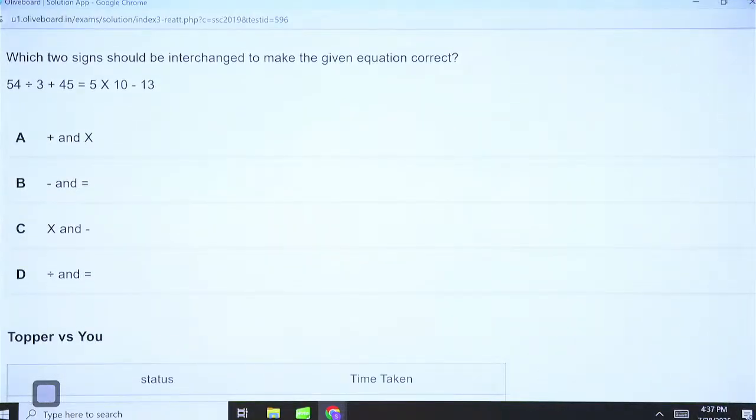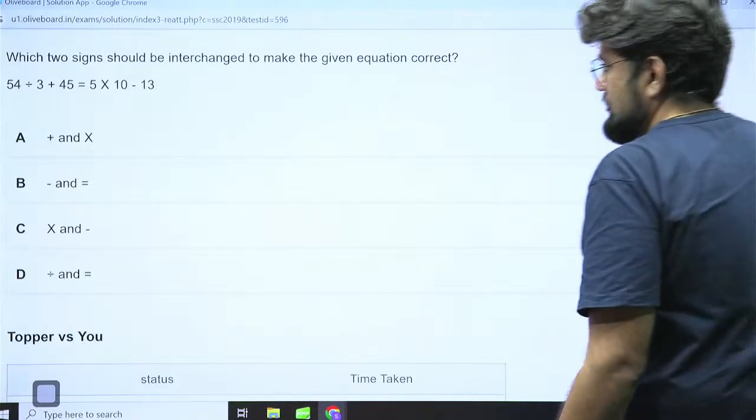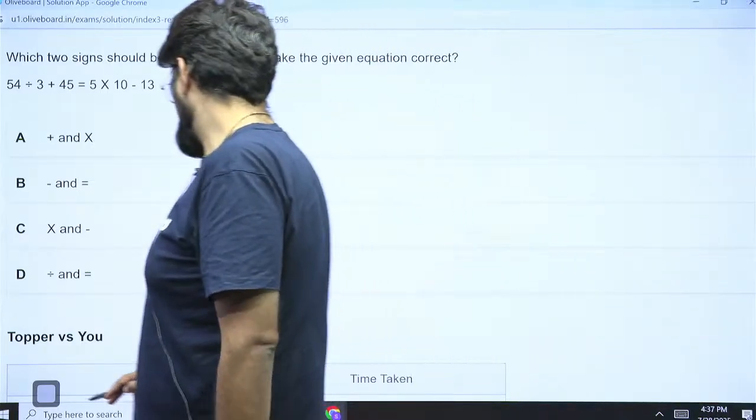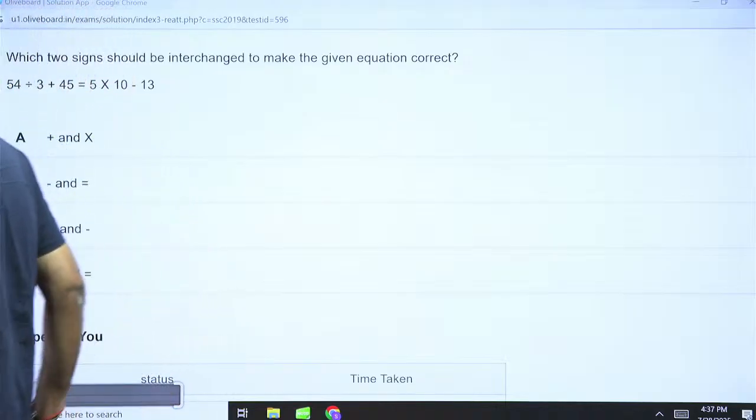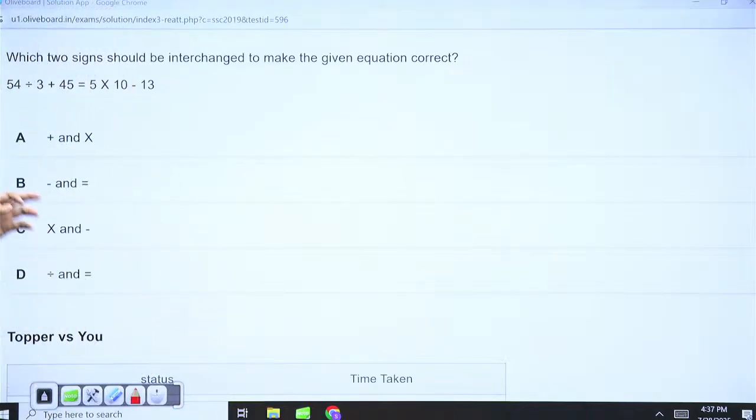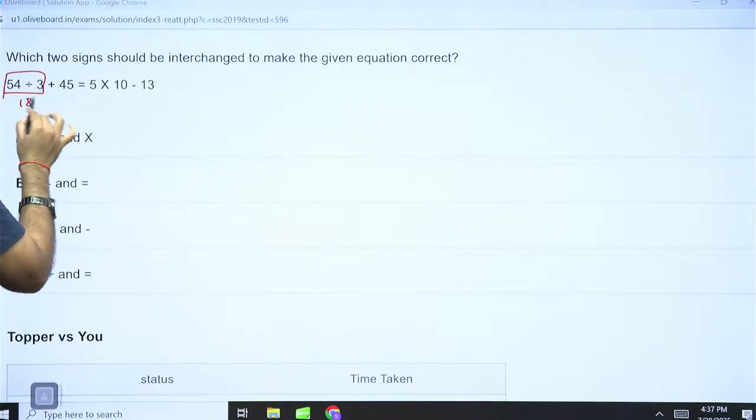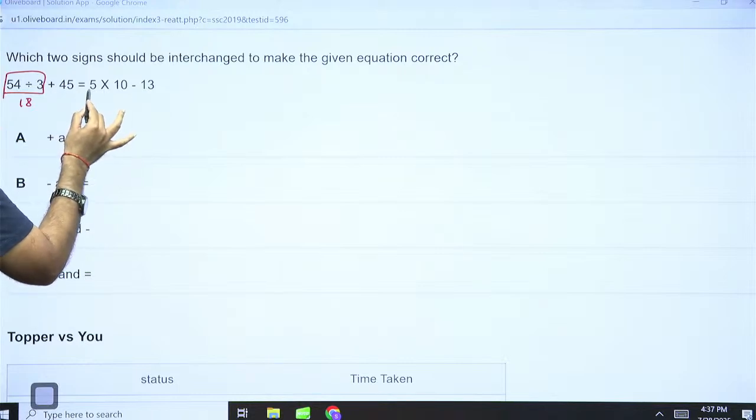Which two signs should we interchange to make the given equation correct? So check where they are going wrong first. Okay, check where they are going wrong. So this is 18. 18 plus 45. This is 50 minus 13.